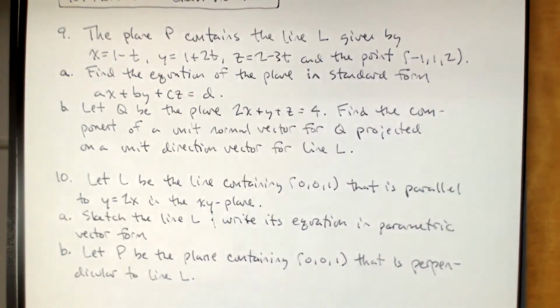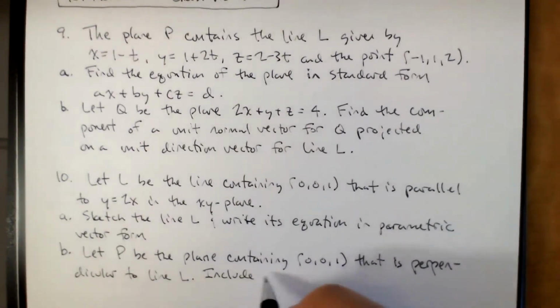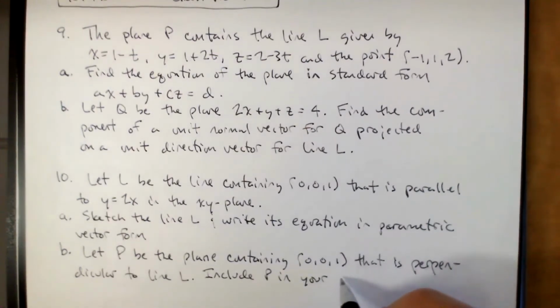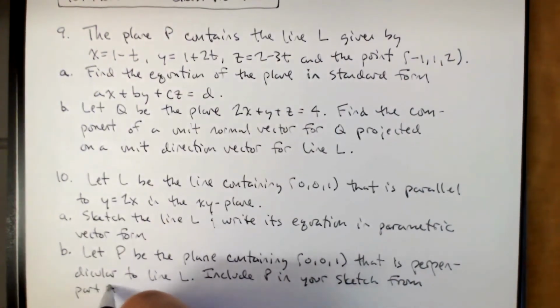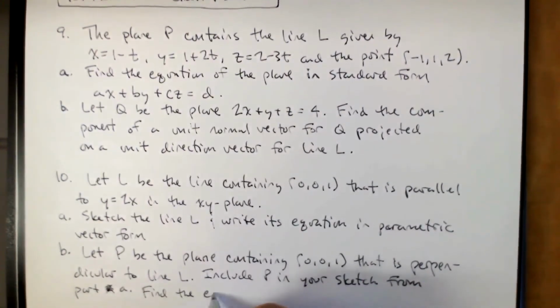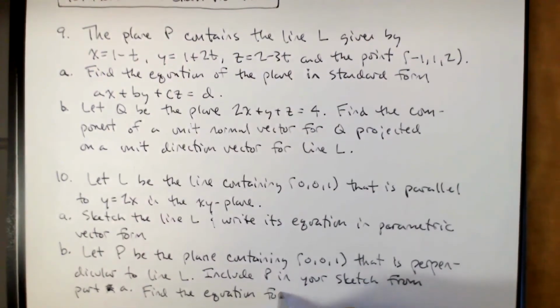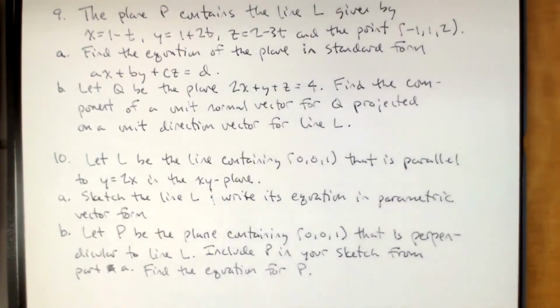So P is going to be the plane containing this point that is perpendicular to line L. Draw the plane, include the plane in your sketch to show that you understand which plane we're talking about, and then find an equation for that plane.